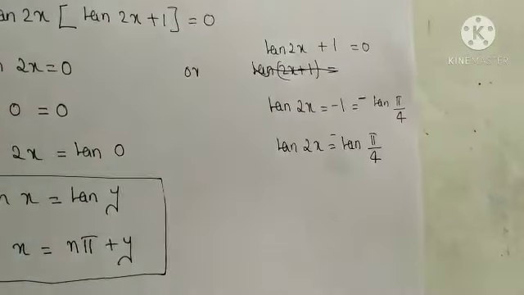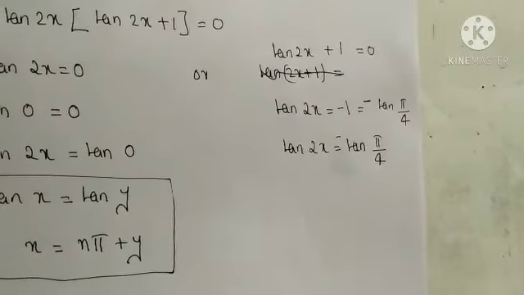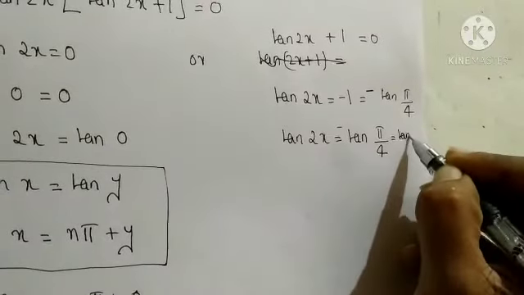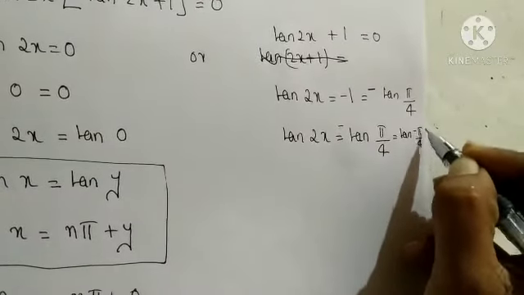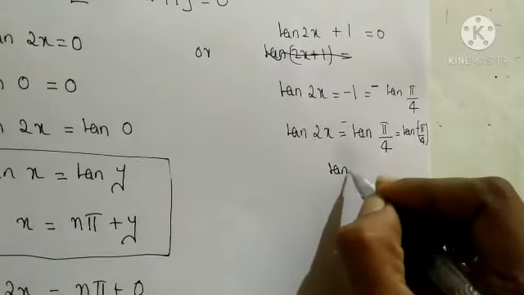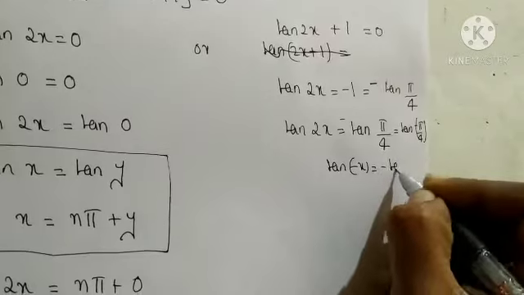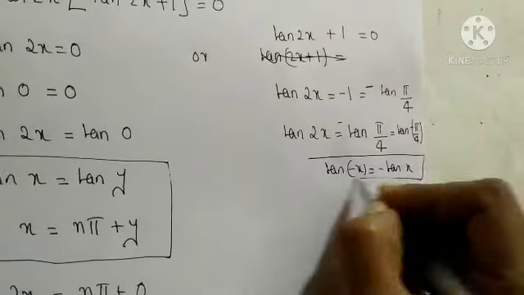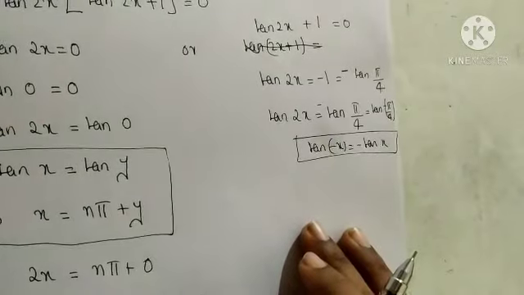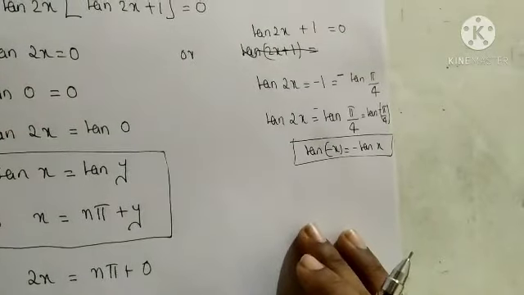So this is a negative value, and we need to find a positive angle value. Because it can be written as tan of minus pi by 4, right, using tan minus x is equal to minus tan x. So here the angle is negative. The angle is always taken positive here.